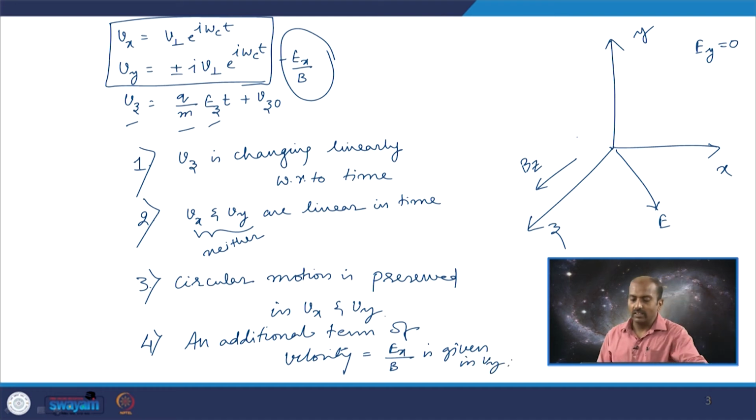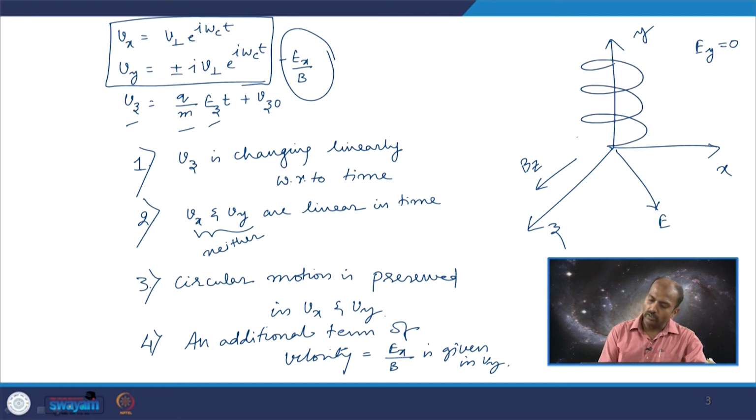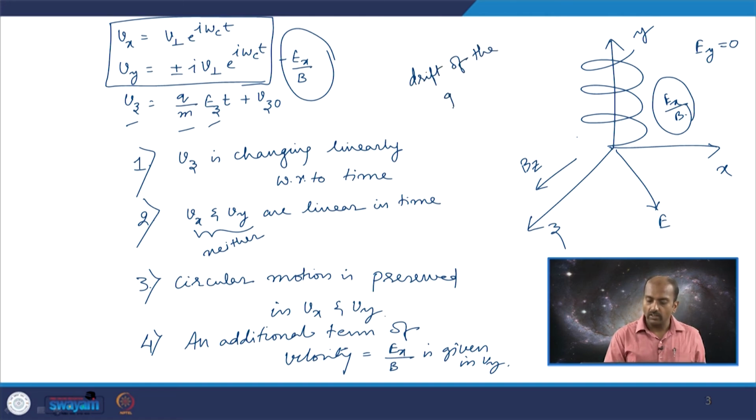So, the Vx and Vy components of velocity are of course making the particle execute circular motion, but this circular motion is superimposed with another component of velocity, which is Ex by B. This superimposed component of velocity is generally called the drift of the guiding center.